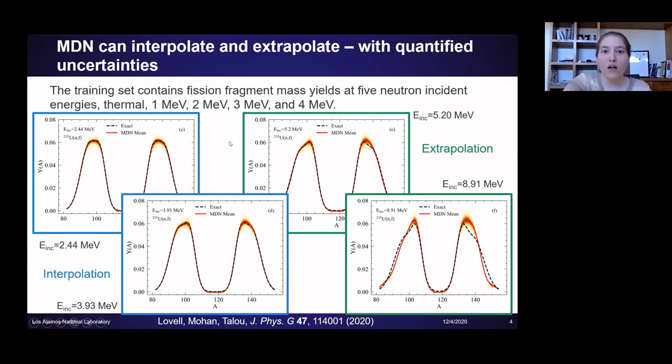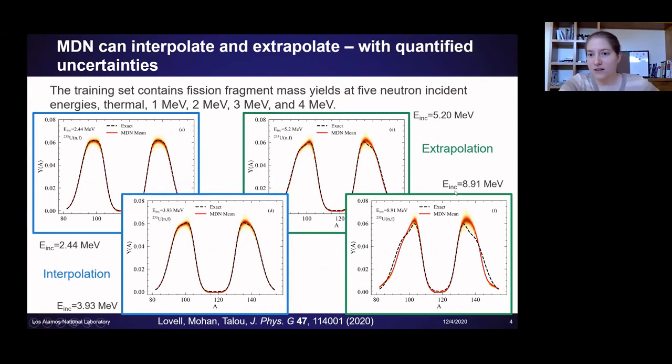We also looked at extrapolating beyond the training set, which of course is always a little hairier when you're talking about any type of machine learning method. But even looking at 5 MeV, which is beyond the 4 MeV cutoff of the training, and at almost 9 MeV, we have, in some cases, pretty good agreement.